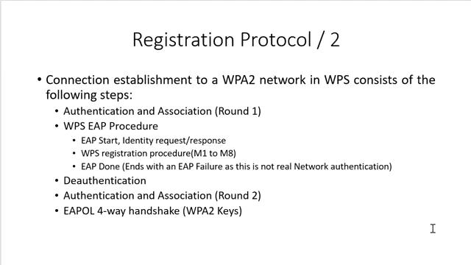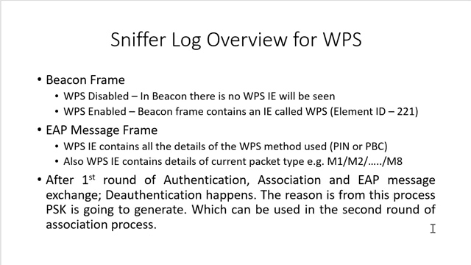See, this is not a real network authentication. So after the EAP message exchange, deauthentication happens. The reason is, from that process, the PSK is going to be generated, which can be used in the second round of the association process. Like for WPA2, this is required. That's the reason EAP failure happens.